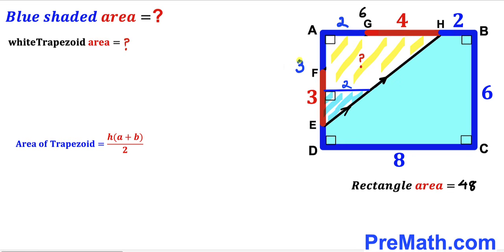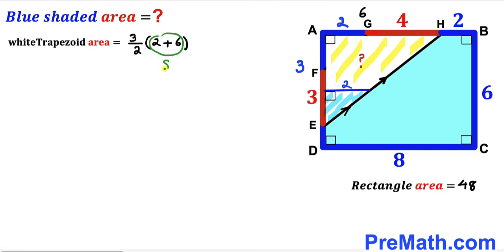So now we have our height h equals 3, our base a equals 2, and our other base b equals 6. So the area of this trapezoid is going to be: our height 3 divided by 2 times our a value 2 plus 6, and 2 plus 6 gives us 8.